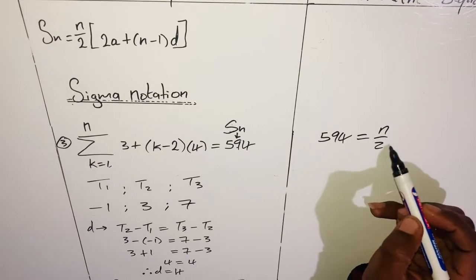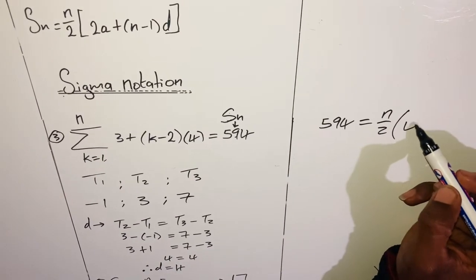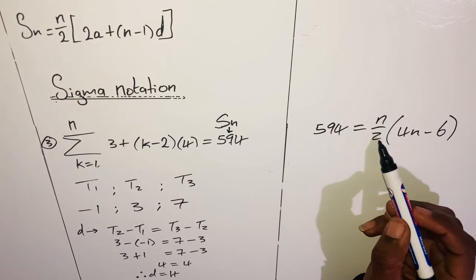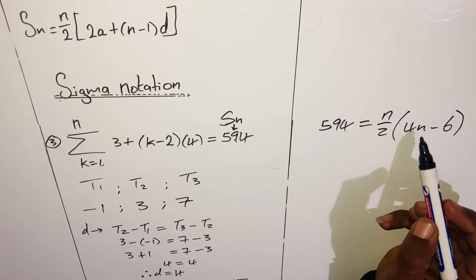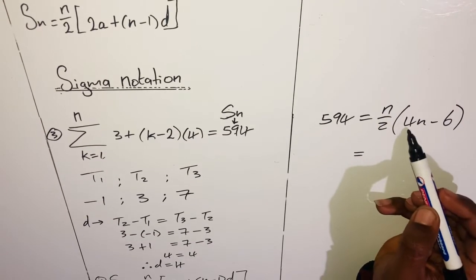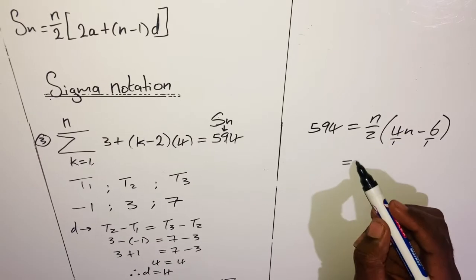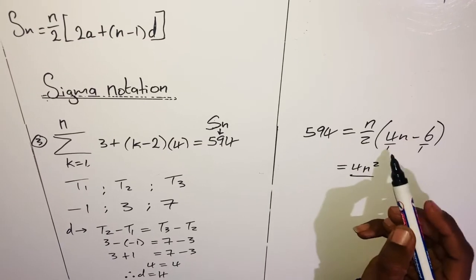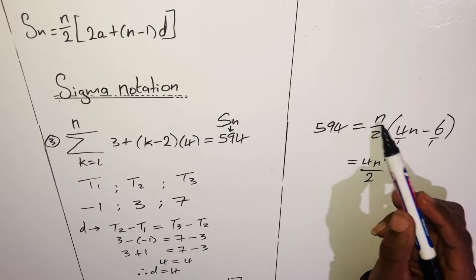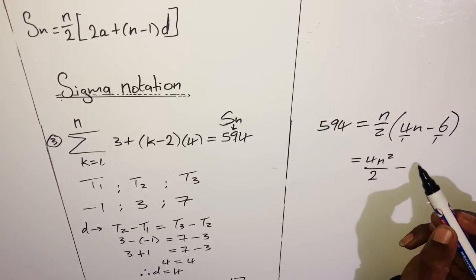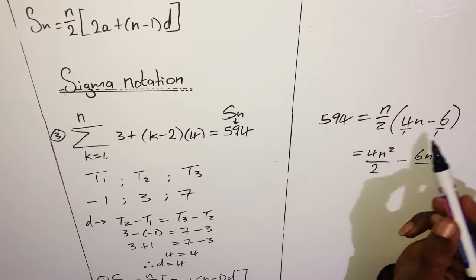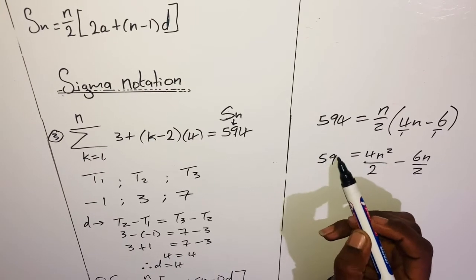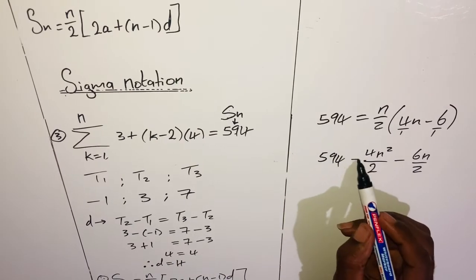This is our n over 2, then inside the bracket we have 4n minus 6. Multiplying out, n times 4n, top and top, gives 4n squared, over 2 times 1, which is 2. Then n times negative 6 gives negative 6n, over 2. Then we still have our 594.